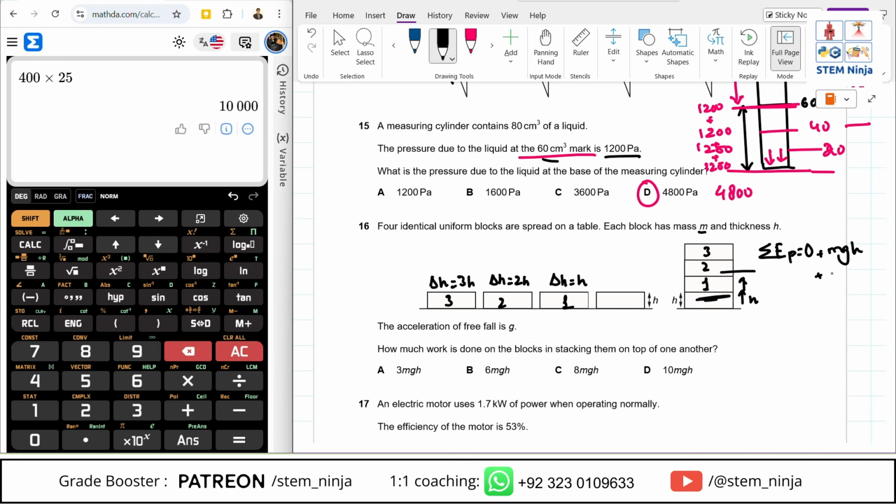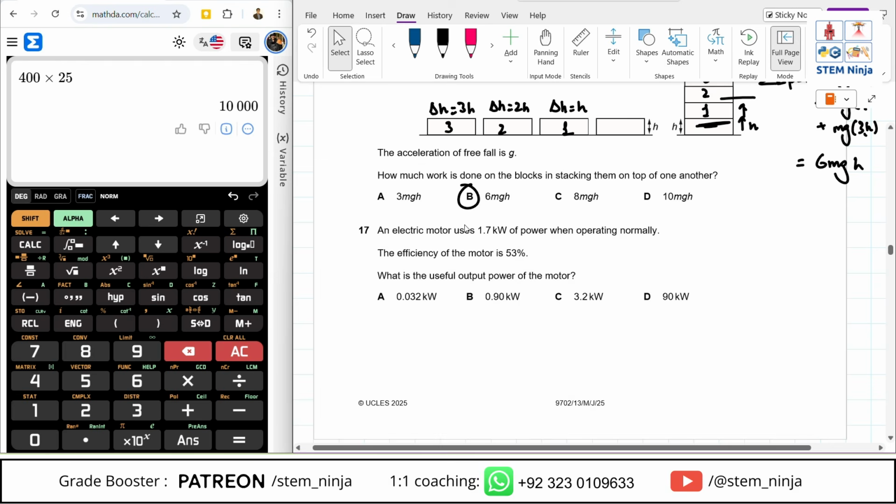We numbered it as 2. So mg times 2h, and then mg times 3h. So 3h plus 2h plus h, that is just 6 mgh. That is this.